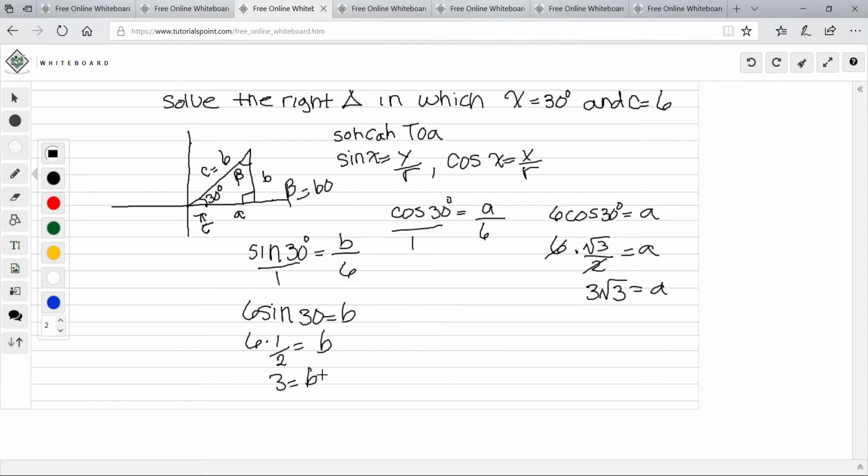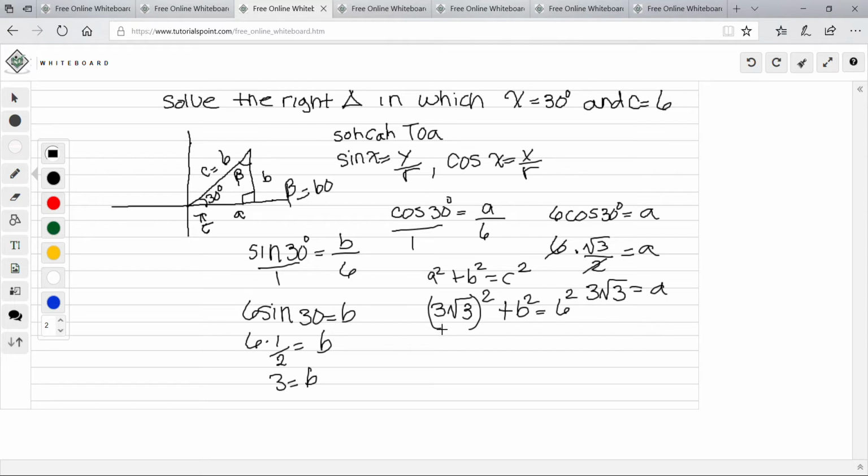So 3 equals b, or that's one way, or you could have simply done the Pythagorean theorem, right? So a squared plus b squared equals c squared. We know a is 3 times root 3, squared, plus b squared, and c squared is 6 squared.